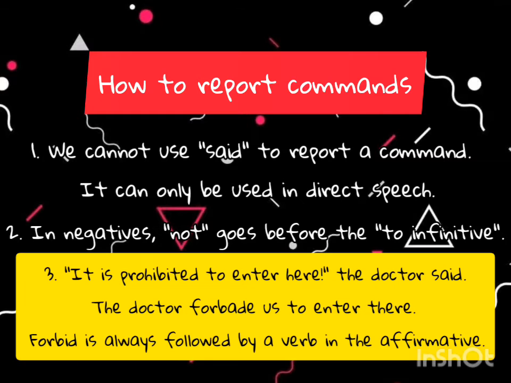And finally, C, have a look at the following example. "It is prohibited to enter here," the doctor said. The doctor forbade us to enter there. Forbid is always followed by a verb in the affirmative or in the positive form. Take that into consideration, please.